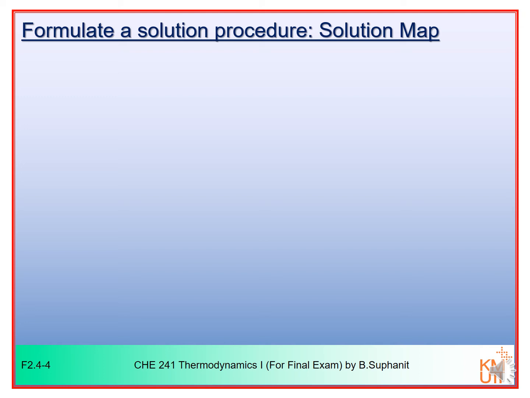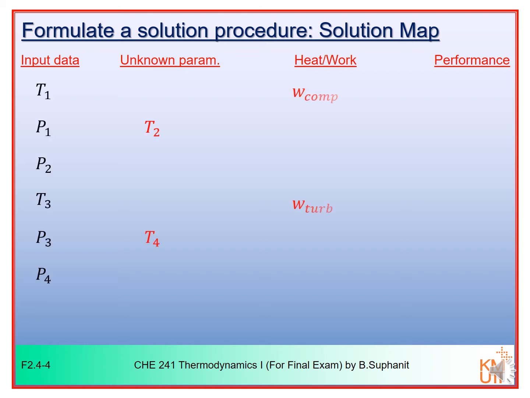First, we have to classify our parameters into different groups, which are input data, unknown parameters, heat and work variables, and performance indices. Here, we have 6 input data that we have already known their values.